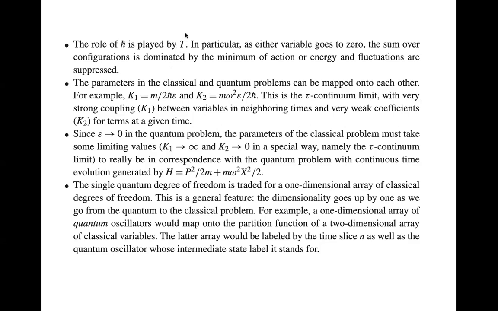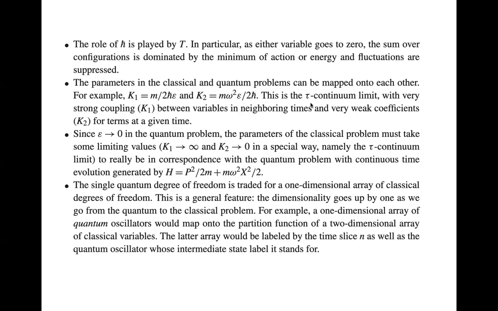Similarly, one can do a low temperature expansion in terms of temperature, right? In particular, as either variable goes to 0, the sum over all configurations is dominated by minimum action, or energy, and fluctuations are suppressed, right? So the parameters in the classical and the quantum problem can be mapped into each other, right?